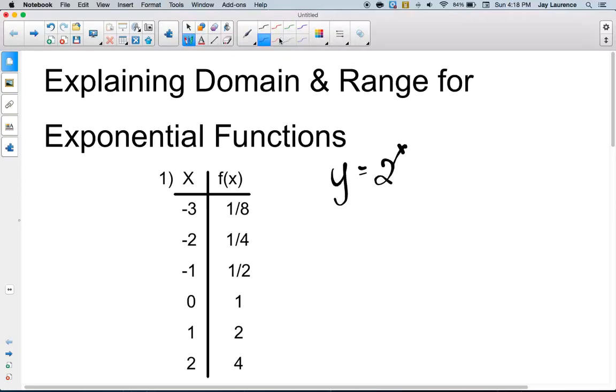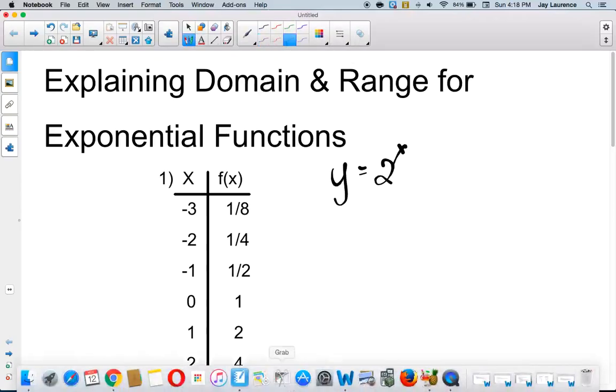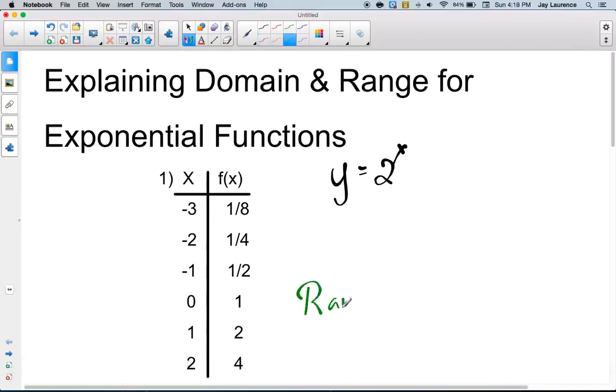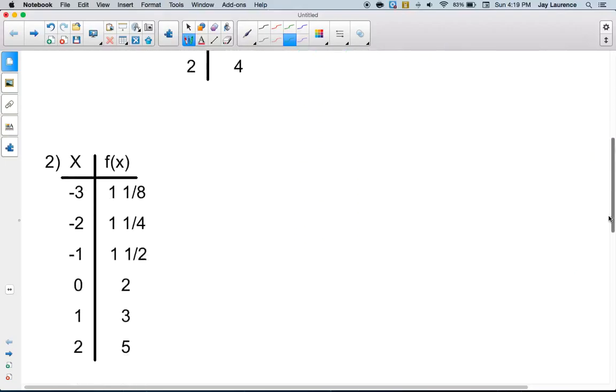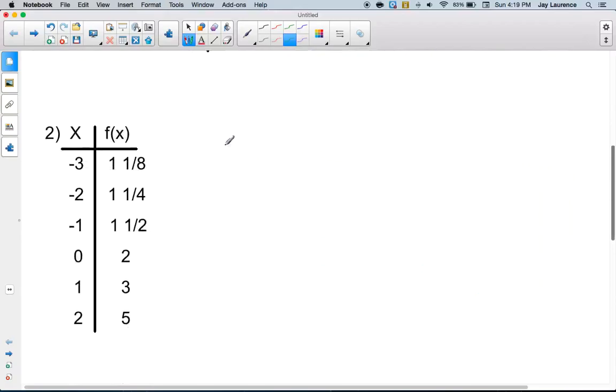So that means that the range is going to be all real numbers such that f of x is greater than 0. It can't be 0 because the graph will never touch where f of x is 0. It just gets very, very close to it. Okay? So the domain was all real numbers and the range was all real numbers such that f of x is greater than 0. Now here's a similar one, similar equation.